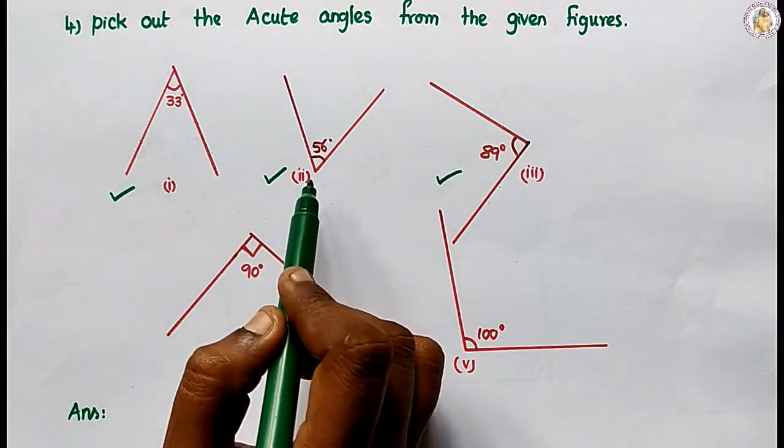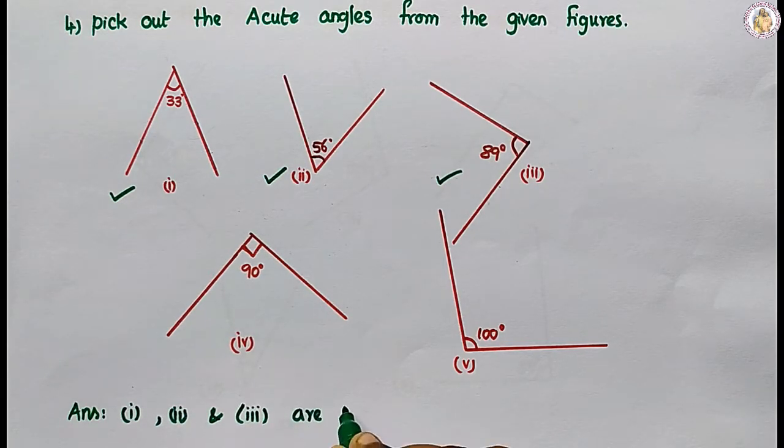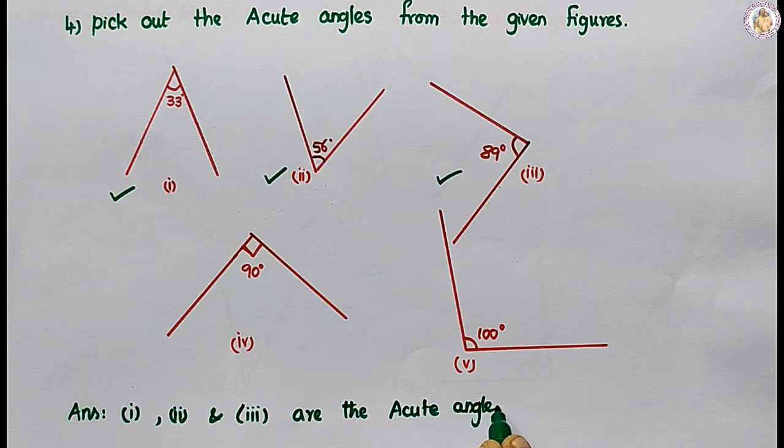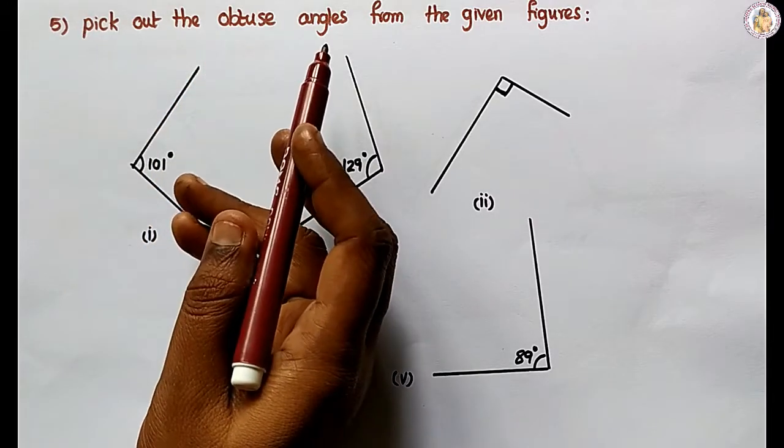So first, second, third only. First one, second and third are the acute angles. That is the answer.